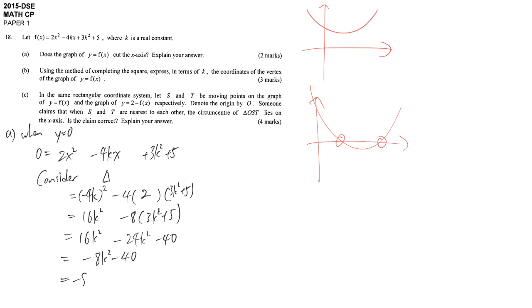If we extract common factor, it's easier for us to find out k squared and then plus 5.